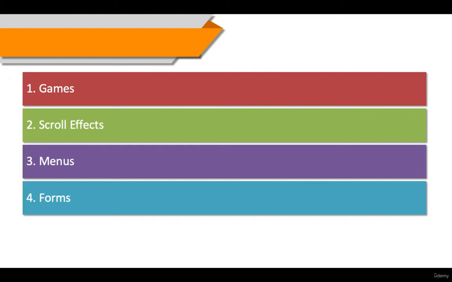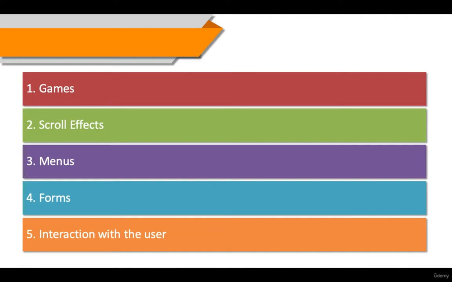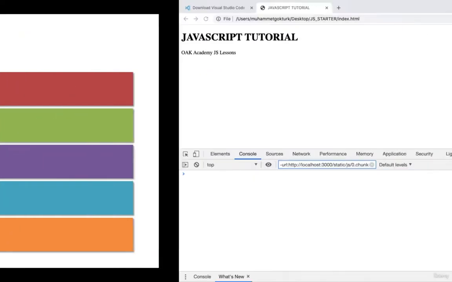Or in forms, we can say if the username is not valid, then show a red error message. And now, I think the last thing that I'm going to tell you here really sums it up. Almost every awesome site uses JavaScript to manipulate the DOM. You can't avoid it.